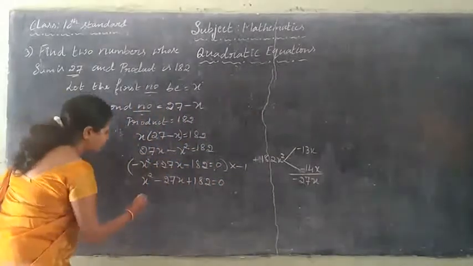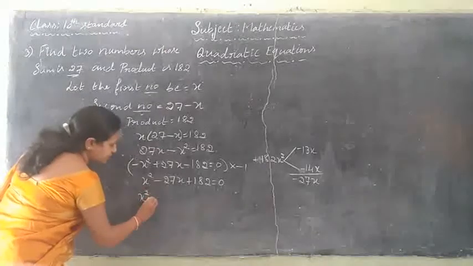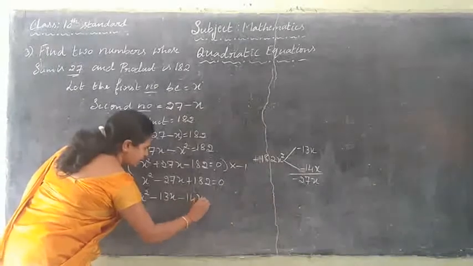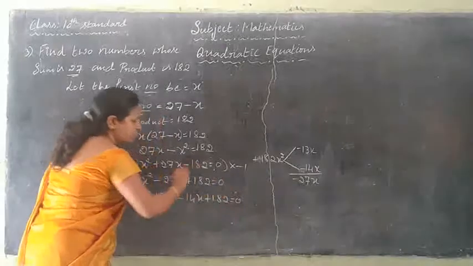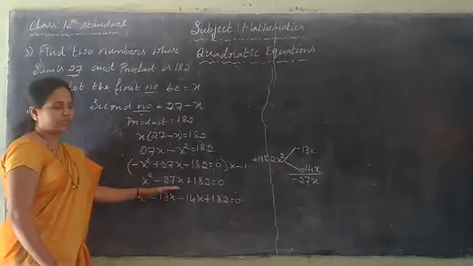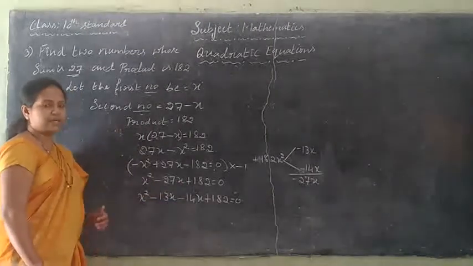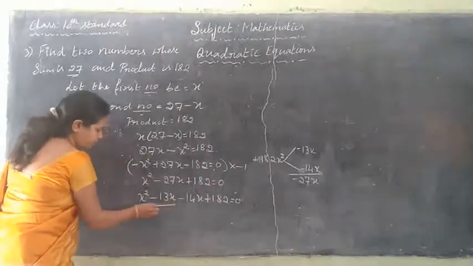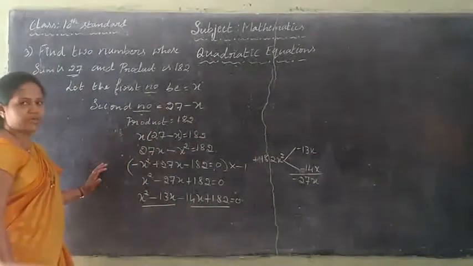Right. Now write the first term as it is. Instead of 27x, we write minus 13x minus 14x plus 182 is equal to 0. The first term is the same. Instead of the middle term, we write the two factors, and the last term as it is. Right. Next, what are we going to do? Yes, we are going to group. In the first group, what will we take common, children?